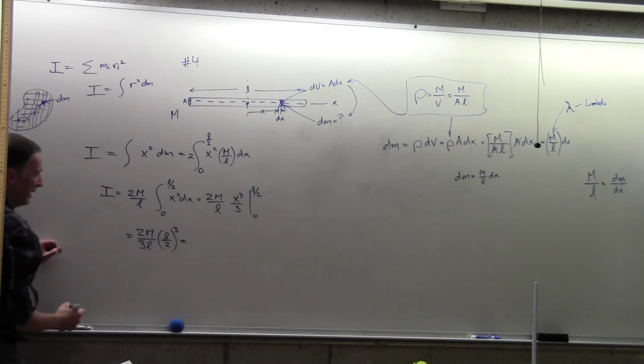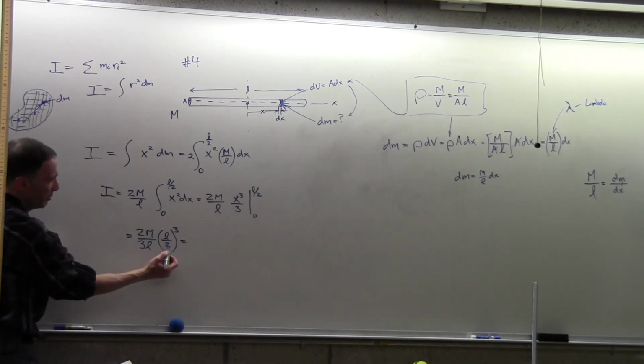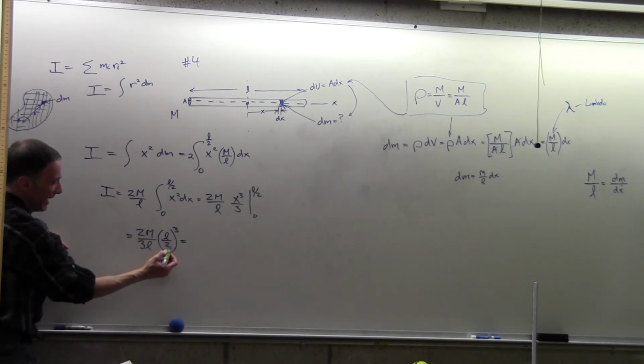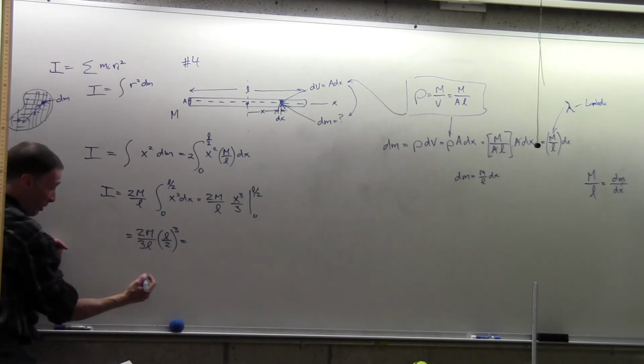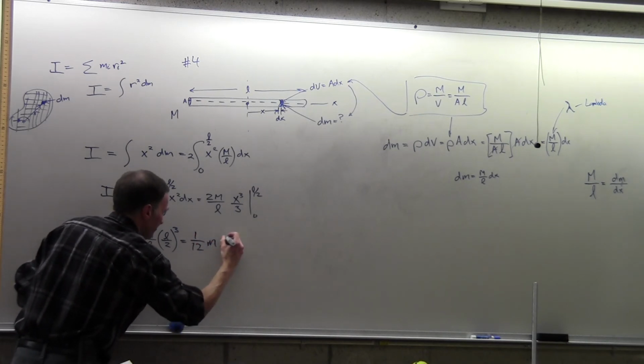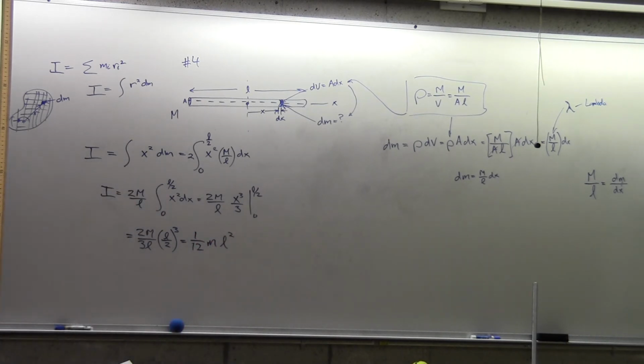When we cube 2, it's an 8. The 2 cancels with that 8 to make a 4. 4 times 3 is 12. And I come up with 1/12 mL squared. Okay, and that's what he wanted us to show. So that's kind of a little example.